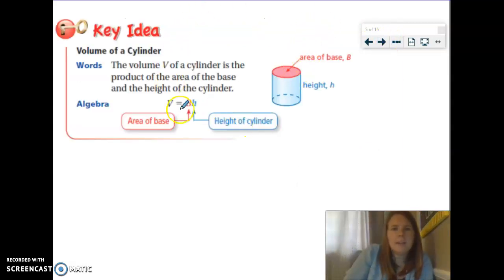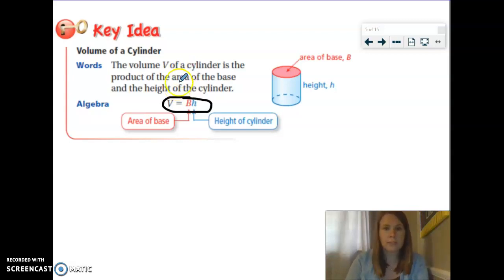So here again, you're seeing that very basic formula. We're actually going to rewrite this formula to be a little bit more fitting for our shape here, okay? So the volume V of a cylinder is the product of the area of the base and the height of the cylinder. So again, you're seeing that area of the base times the height. To rewrite this, it was important to understand what's the area of your base. Well, what's the area of a circle, okay?